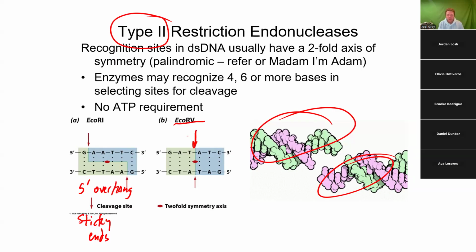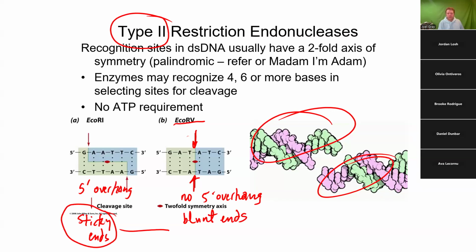It's going to cut those phosphodiester linkages that are directly across from one another. The way I always think about this is there's no 5' overhang, and these are blunt ends. Add to that sticky ends, blunt ends.